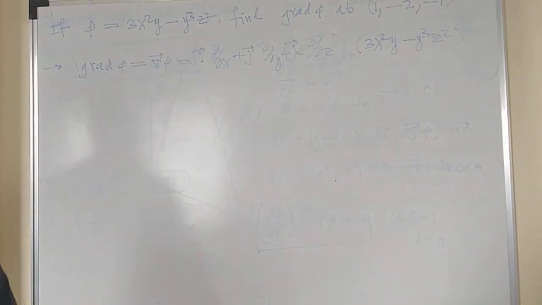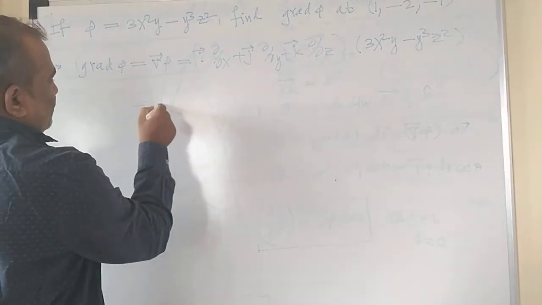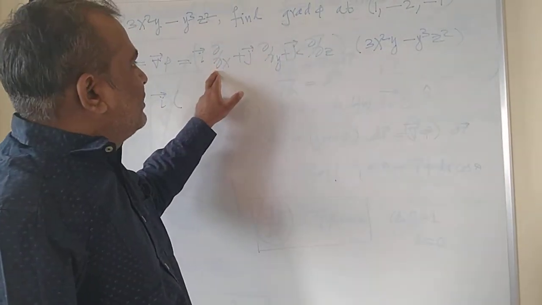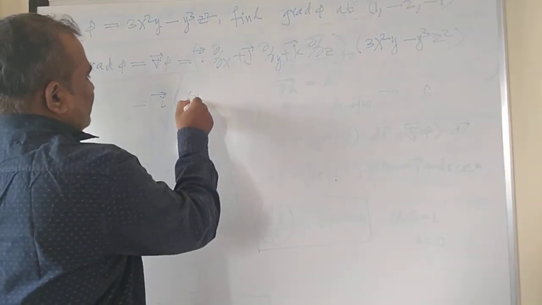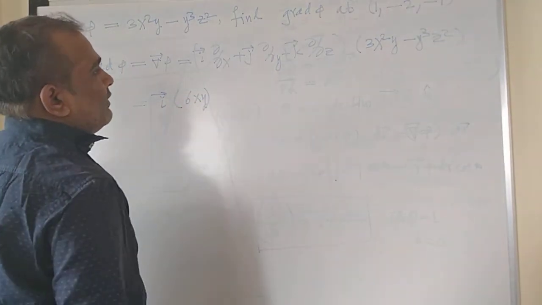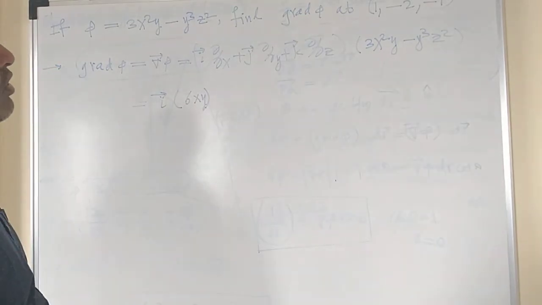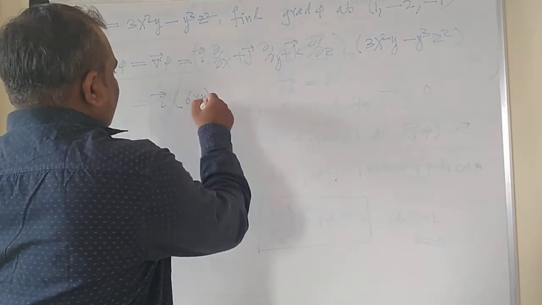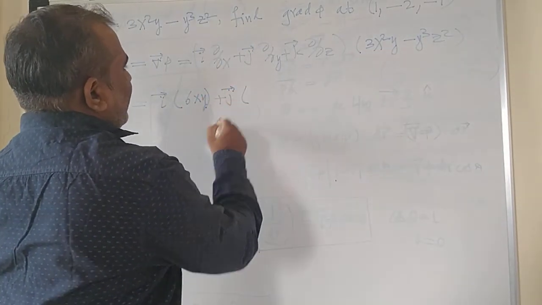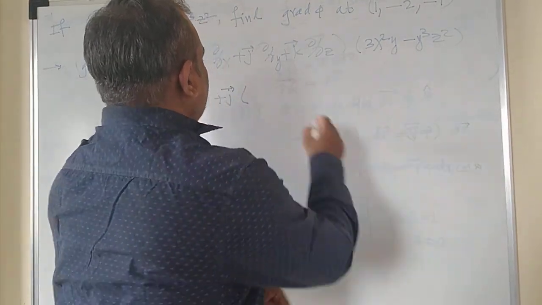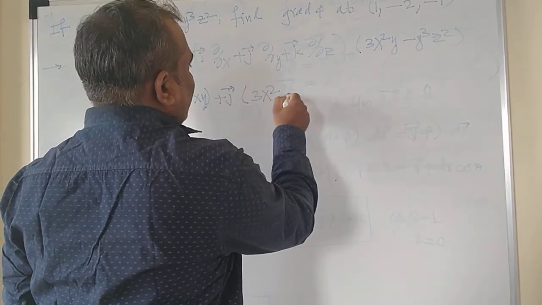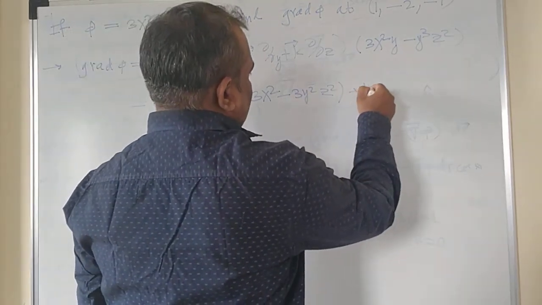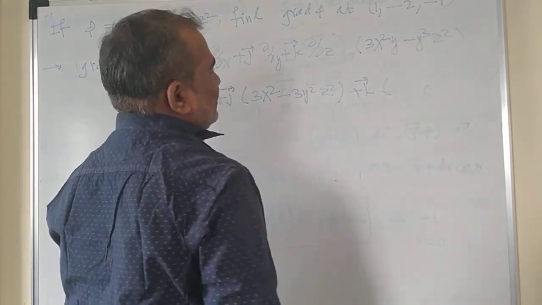Got it? Now if you solve this, then you will get i bar as it is into the differentiation of this bracket with respect to x, which is equal to 6xy. Got it? Because y is acting as a constant and the second term does not have an x quantity, so the differentiation will be 0, plus j bar into the differentiation of this bracket with respect to y, which is equal to 3x square minus 3y square z square, plus k bar into the differentiation of this with respect to z.